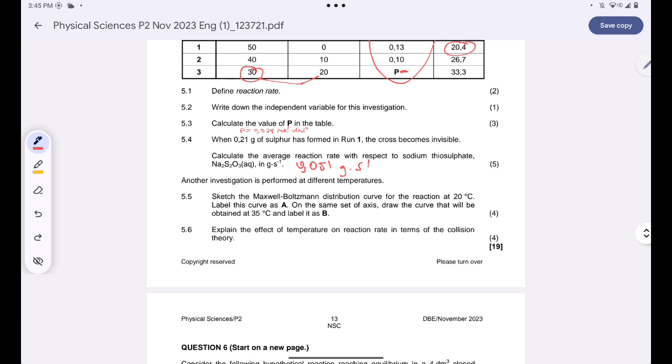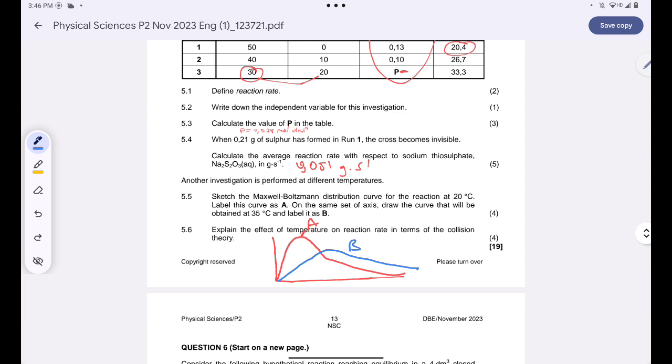Label it curve B. If this is our Maxwell-Boltzmann distribution curve, the first reaction will be like this one. This one will represent curve A, and then at a higher temperature, this one will represent curve B. Obviously you must label your axes and write the heading that this is a Maxwell-Boltzmann distribution curve.